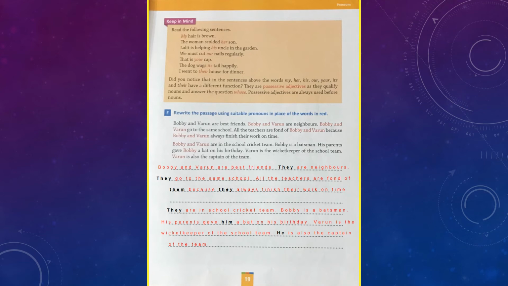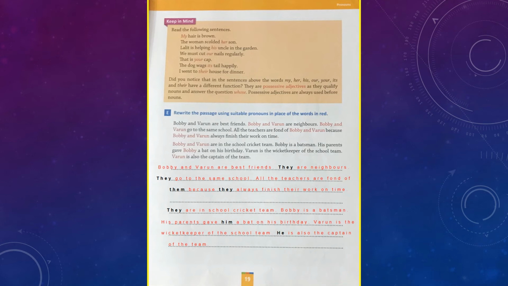And we are supposed to use suitable pronouns, personal as well as possessive, and rewrite the passage again. Please keep in mind that you need to rewrite the passage the way I have written it. Okay, let's start with the passage. So I'm rewriting the passage again. Those who have written, please check your work, and those who have not written, please do your work along with this video, or later on.